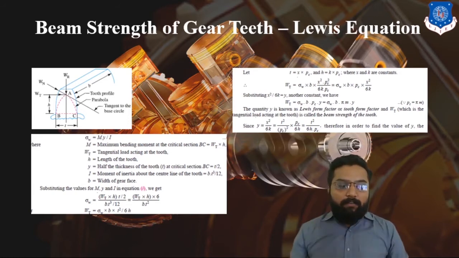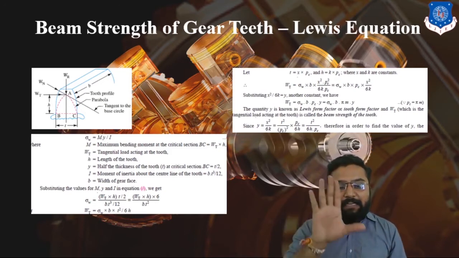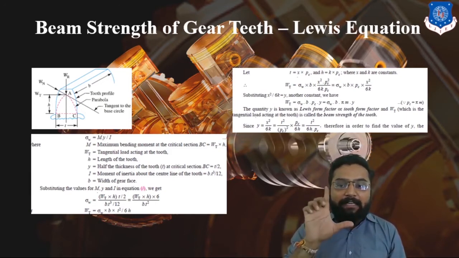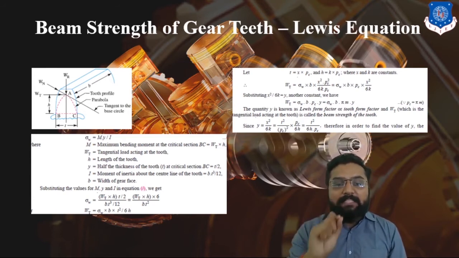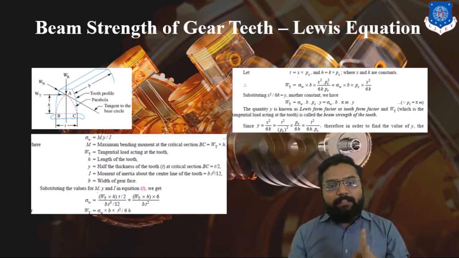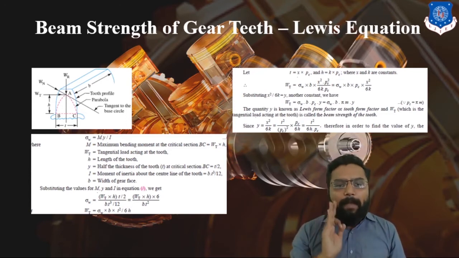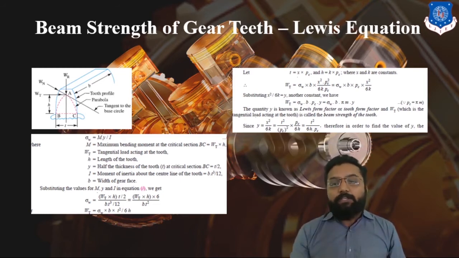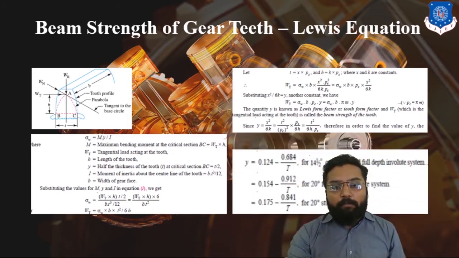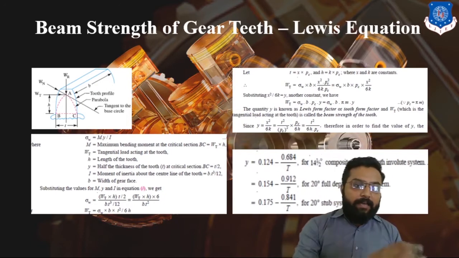Here we will convert that x square upon 6k into some quantity which directly affects our gear, and that is called y, and this y is nothing but the Lewis form factor. This Lewis form factor will always depend on the module and teeth of our gear. So this y is our teeth form factor.